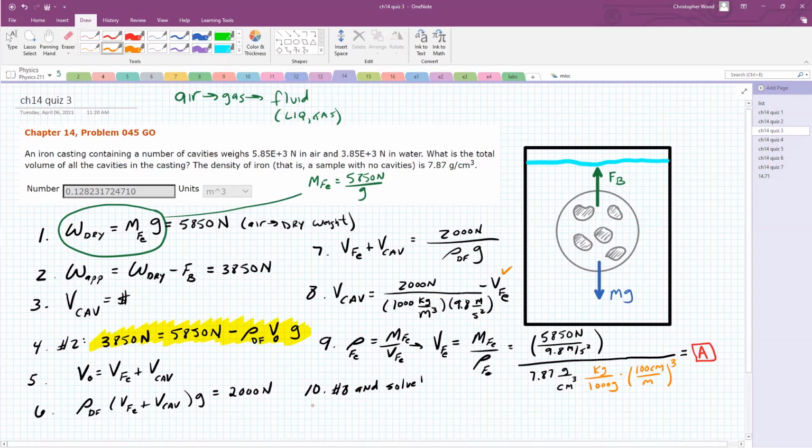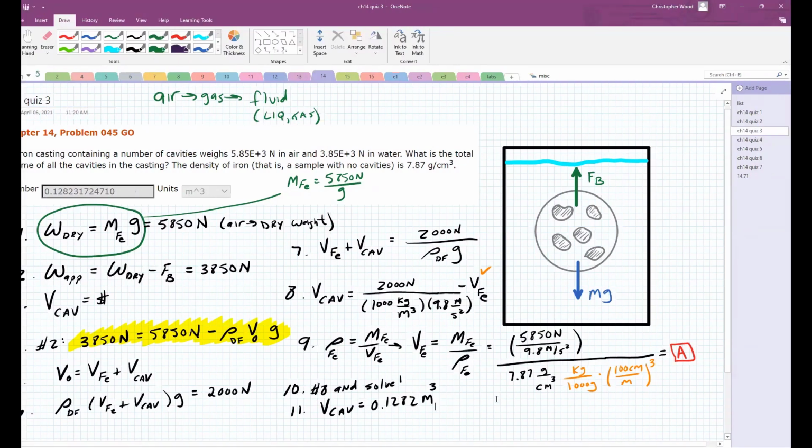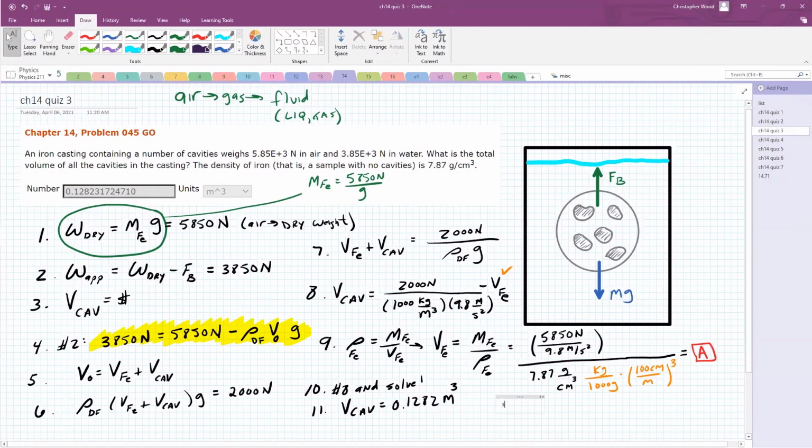Lots of good dimensional analysis. The volume of those cavities for me is 0.1282 and some change. Doing dimensional analysis, which is something you should do, is going to spit out cubic meters. Okay, it's 2:10. See you at 2:20 p.m. where I think we start to do fluid dynamics.